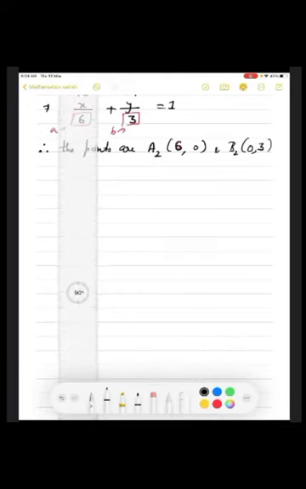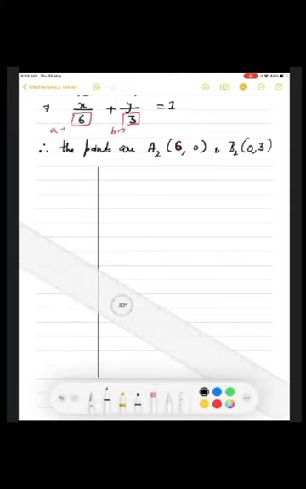So highest x axis का point क्या है? और y axis का point क्या है?